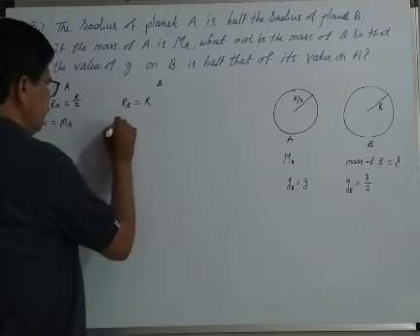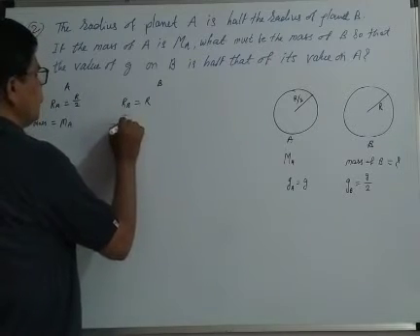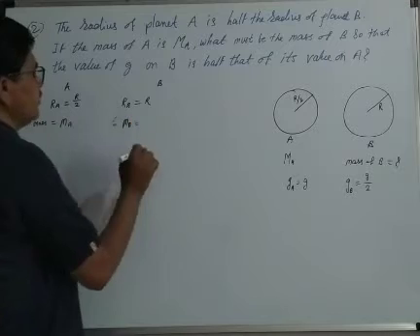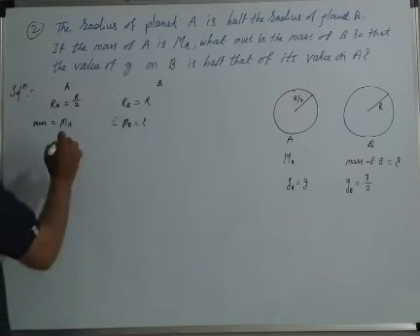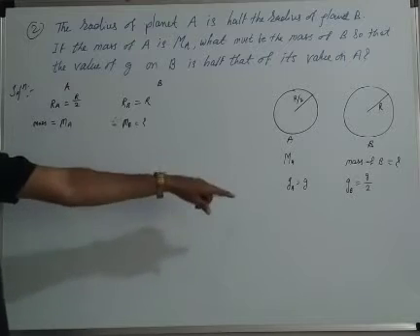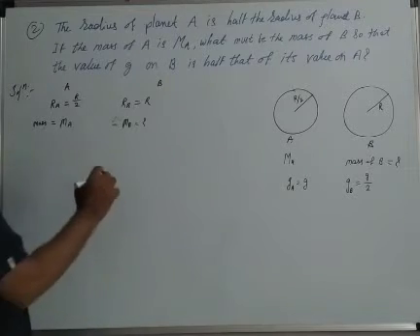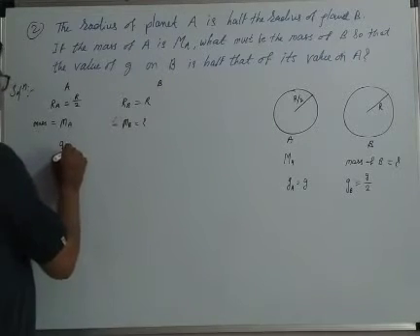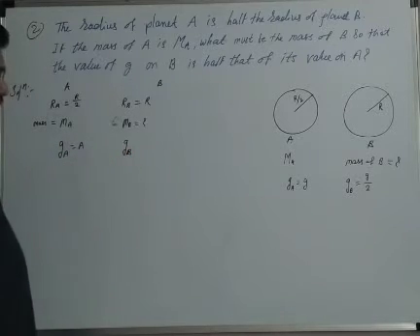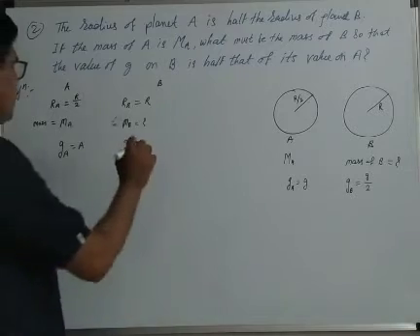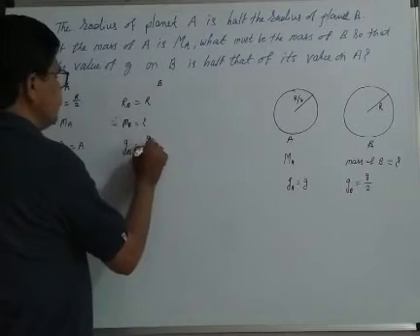To determine the mass of planet B, MB is equal to question mark. The acceleration due to gravity of planet A is GA equal to g, and GB is half of that, g by 2.